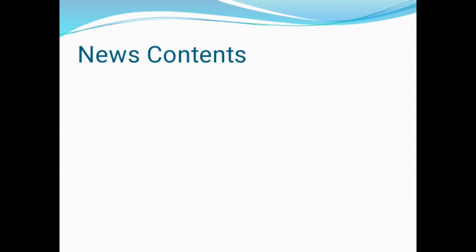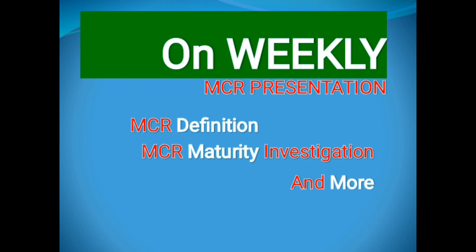We can investigate all of these for the possible position of self-esteem and age. We will be able to speculate what percentage personal need are, what percentage family need are, what percentage community need are, and the likes. On the weekly MCR presentation, we will have many other things. There will be many other things we can do, even on this channel.